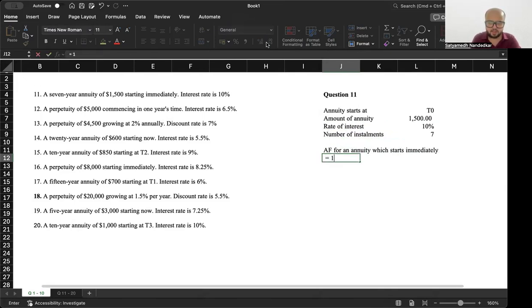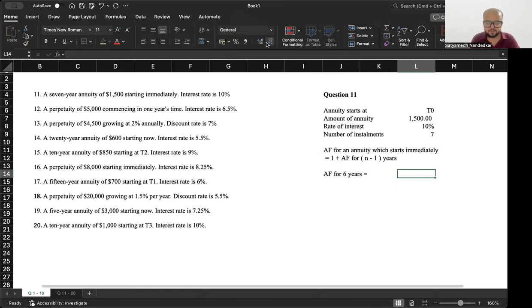Okay. So the annuity factor for an annuity which starts immediately is 1 plus the annuity factor for n minus 1 years. So the annuity factor for 6 years, how will it be calculated? 1 minus 1 plus 10% raised to minus n, which is minus 6, upon r, which is 4.355.